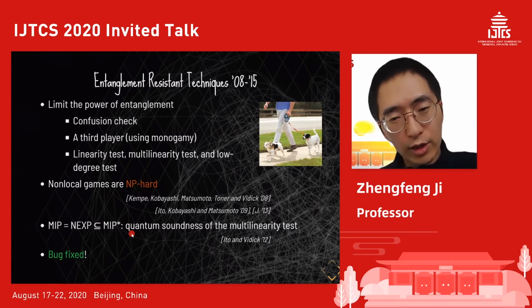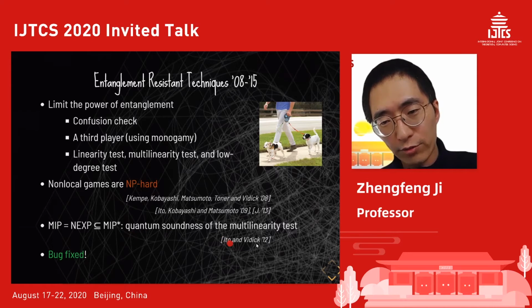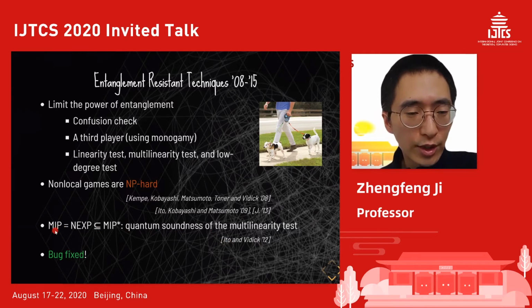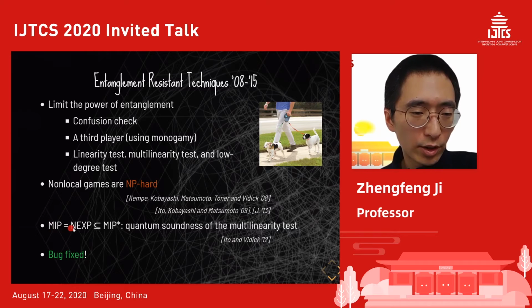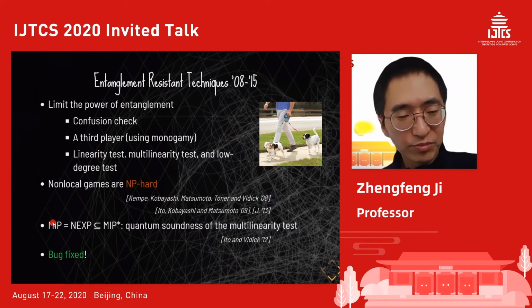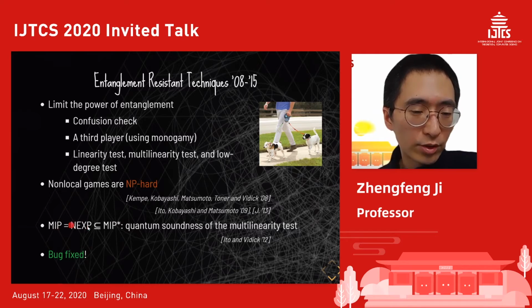And the breakthrough result by Ito and Vidick shows that for all problems in NEXP, we can construct an MIP* style protocol. Basically, the quantum class is at least not smaller than the classical class.